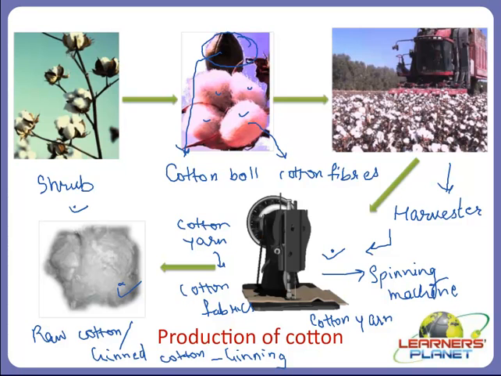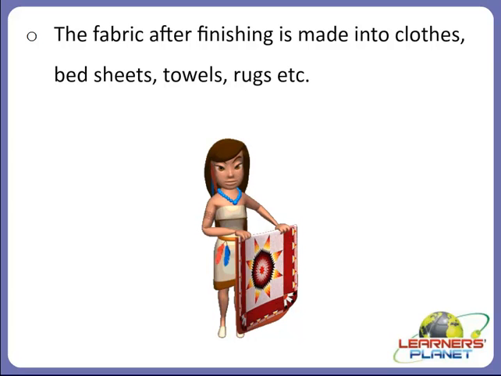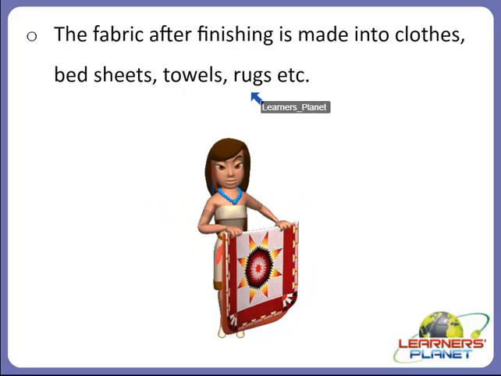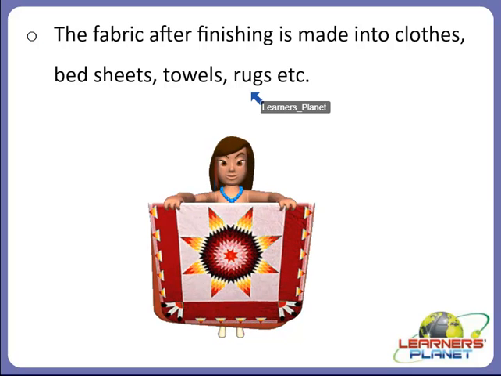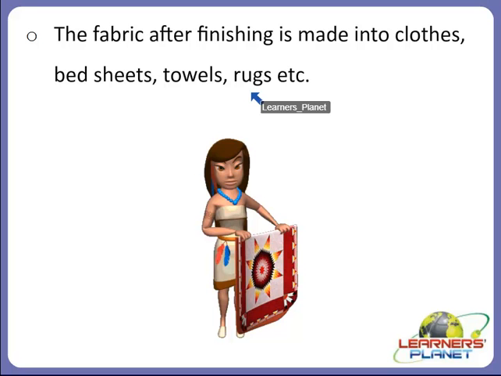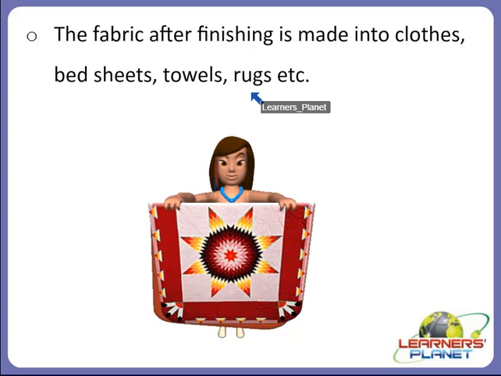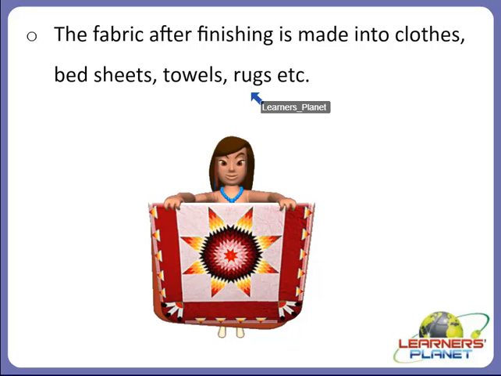So basically, the cotton fabric, after finishing, is made into cloths, bed sheets, towels, rugs, carpets, etc. So all these things are made once this cotton fabric is prepared. And after that they are made into various things. So this was all about cotton.